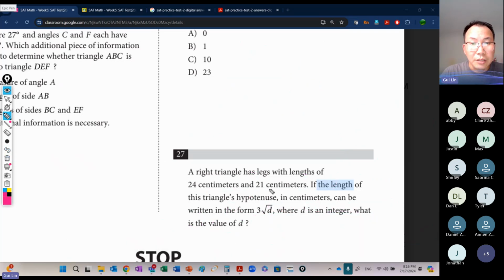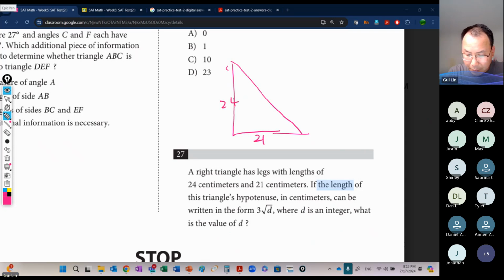A right triangle has legs with the lengths of 24 centimeters and 21 centimeters. So it's a right triangle. The shorter one is 21, the longer one is 24. If the length of the triangle, measured in centimeters, can be written as 3 square root d, what would d be? d is a whole number.